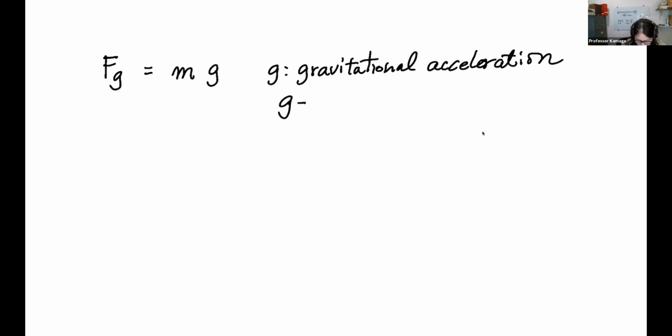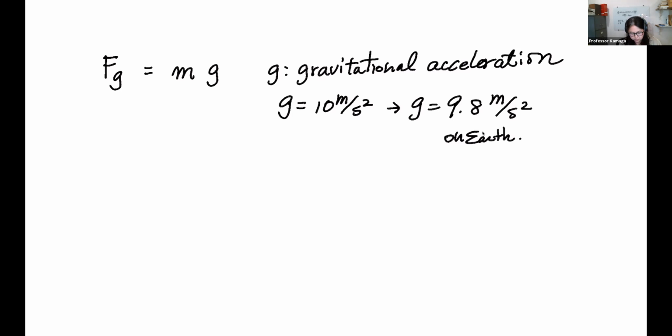And we say g is 10 meters per second squared. We actually use the value of g as 9.8 meters per second squared on Earth. But this is the gravitational force, and it's always vertically down, and the magnitude is mass times little g.